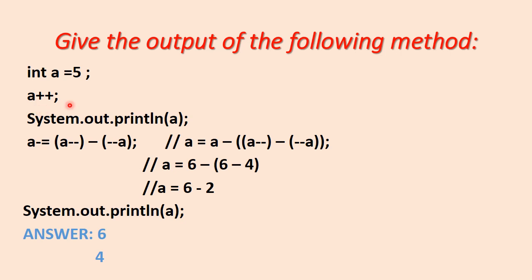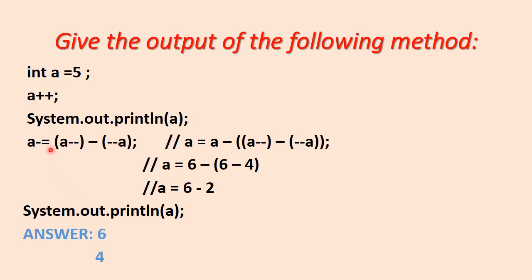So there is no expression here, no? So it will simply increase. 5 plus 1, 6. So after using this method, System.out.println, what are we printing here? The value of a. So what will be the value of a after this? A plus plus, it becomes now 6. So the first answer, when we use this first method, will be 6.